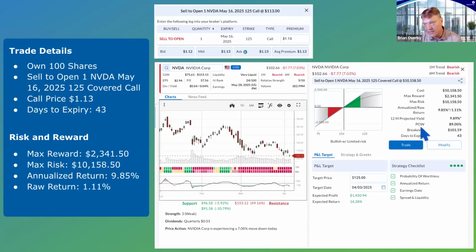In this scenario, you were bringing in only about 1% of the stock price. But if the underlying does get called away, you have a raw return of about 9.85% if the stock runs up to that strike price and you actually get called away on your 100 shares of NVIDIA. We're calling that the raw return, of just the capital that's received.